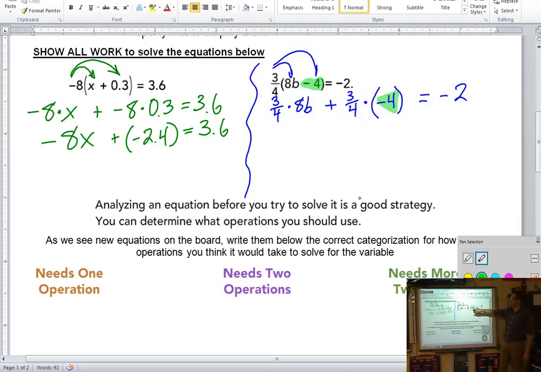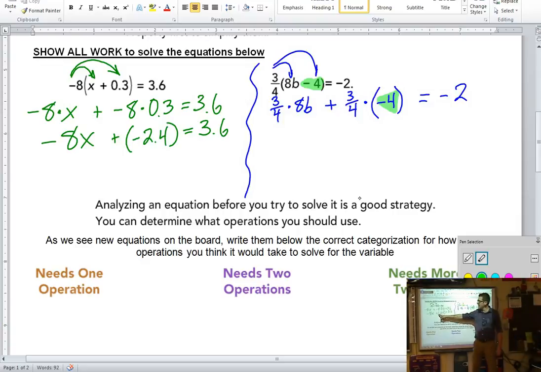But because I took that as a negative, I had to put something between the terms, and we always assume addition. Like the word and is addition. I have 8b and a negative 4 when I look at this as negative, not subtraction. You don't have to solve it like this, but it's how I think it's easiest. Take the sign with the number, assume addition between the values.